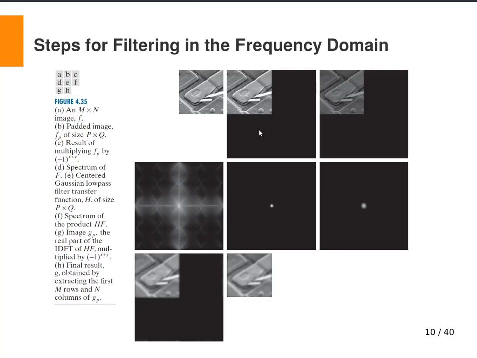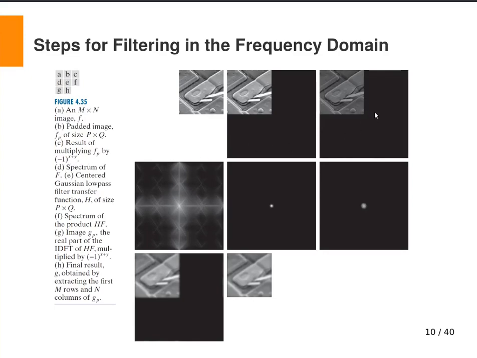Here we zero padded the image, and unlike before when we padded symmetrically along all dimensions of the image, since in the frequency domain the frequency response is only going to be calculated for this size, basically p by q, as long as we are consistent with all of the other steps, there is no need to do padding symmetrically in all directions.